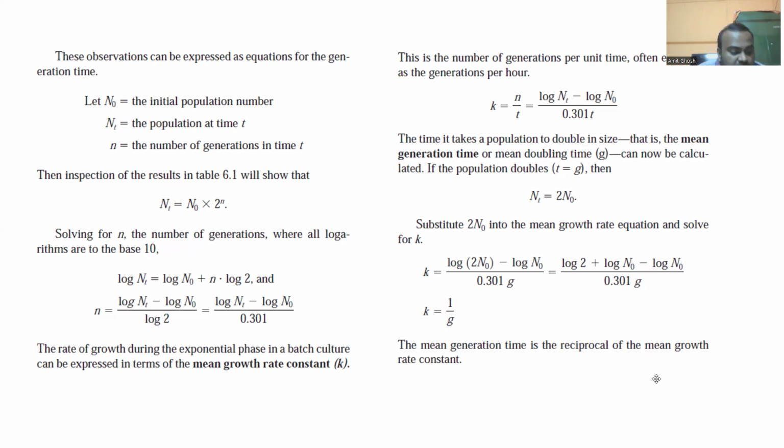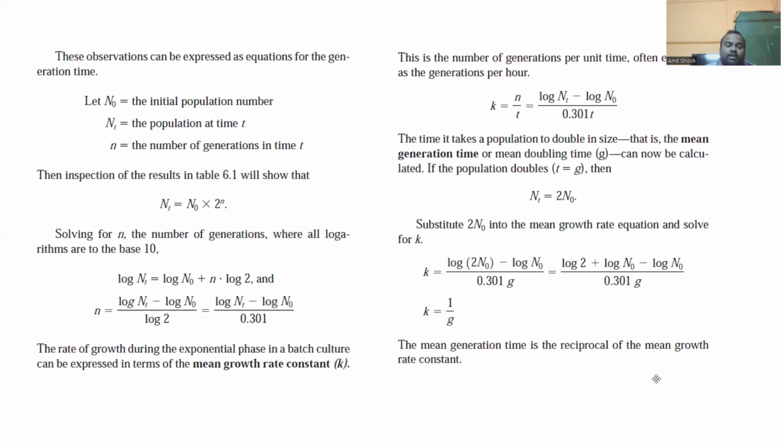So we can write Nt is equal to N0 into 2 to the power n, where Nt is the population at time t, N0 is the initial population, and n is the number of generations. Solving for n, the number of generations, where all logarithms are to the base 10: if you take the log of the equation Nt is equal to N0 into 2 to the power n, it will be log Nt is equal to log N0 plus n log 2.